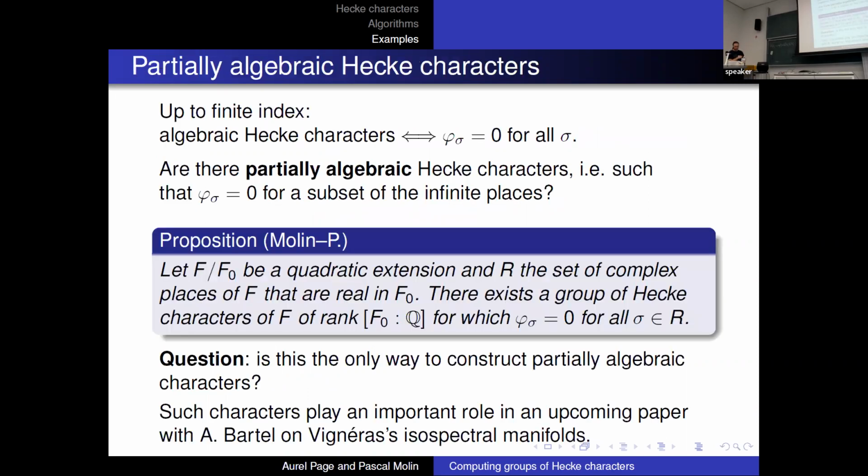And the last example I want to mention is interesting types of characters. I talked about algebraic characters, and up to finite index, this is essentially the same as having the phi parameters of the infinity type being 0. A natural question is whether it is possible to have partially algebraic Hecke characters. I mean, characters where some of the phi's are 0, but not all of them.